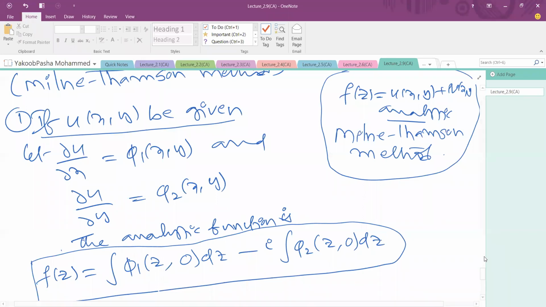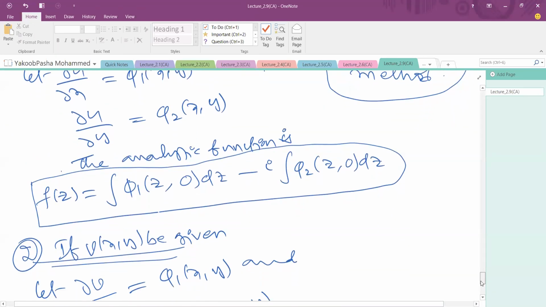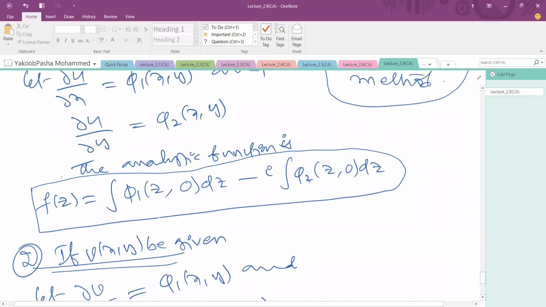In this case, the corresponding analytic function is f of z is equal to integral phi1 of z comma 0 dz minus integral phi2 of z comma 0 dz.